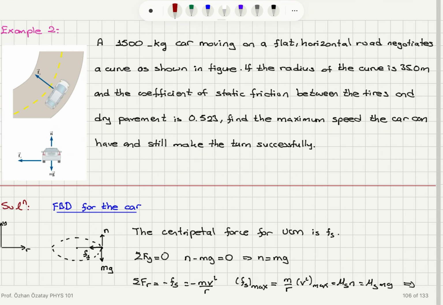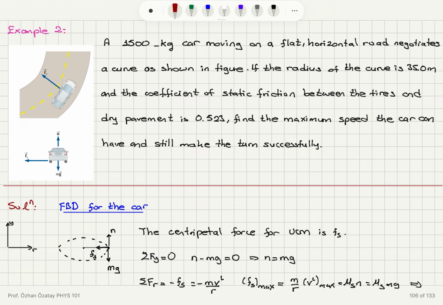Okay, so this was an interesting example in the sense that it is the friction force that is responsible for the centripetal acceleration, that is static friction. So as long as the car does not exceed a maximum speed, the static friction can keep the car on track following this rotation, following the circular path on the horizontal road.